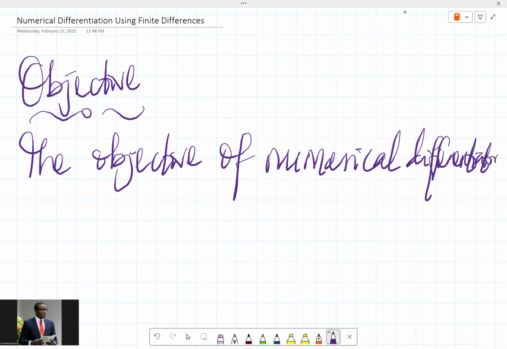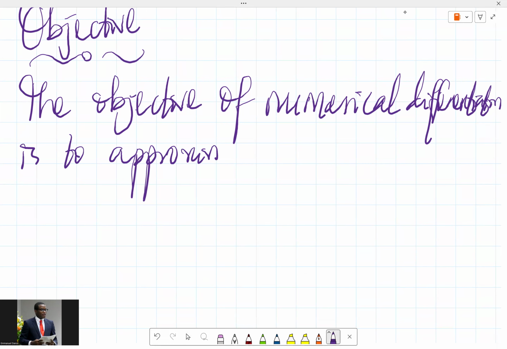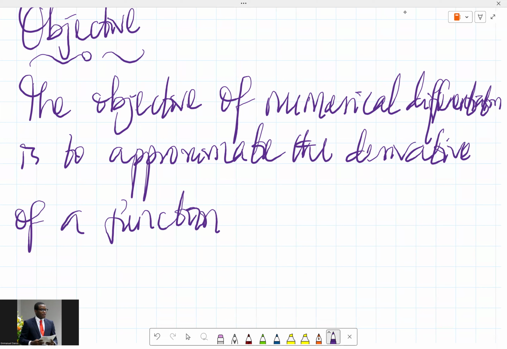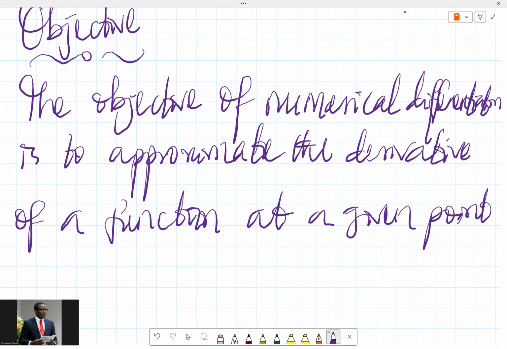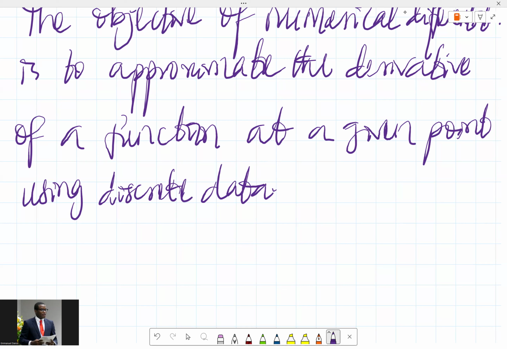The objective of numerical differentiation is to approximate the derivative of a function at a given point using discrete data. So we can even talk about derivatives with data where we don't really have a particular function in mind.